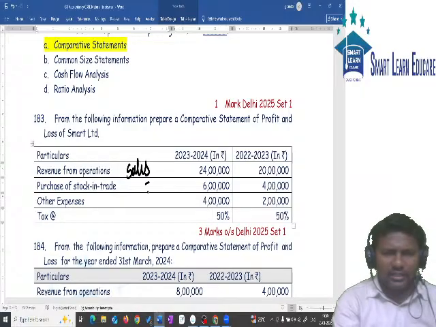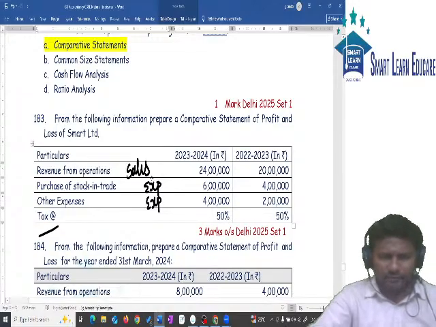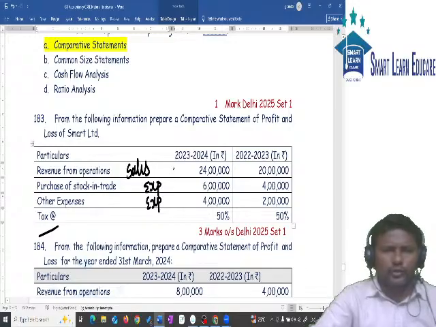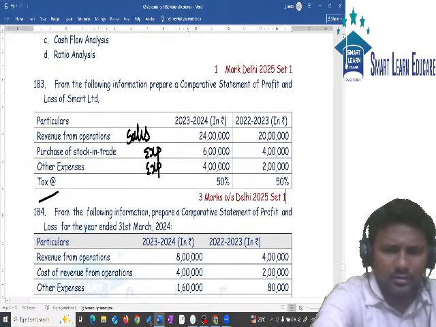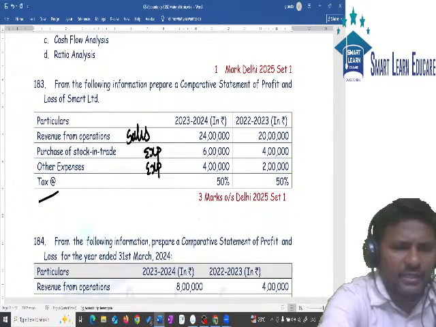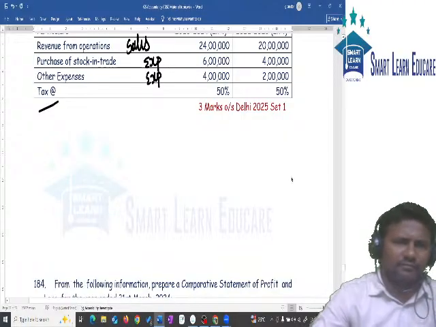Purchase of stock, nothing but expense. Other expense is given. And the tax rate is 50 percentage. This is what is given in the question. Now what you should do? You should prepare comparative P&L. It is very easy to prepare. You can solve along with me.